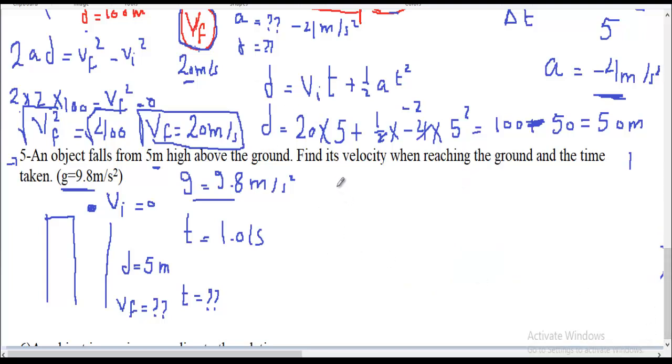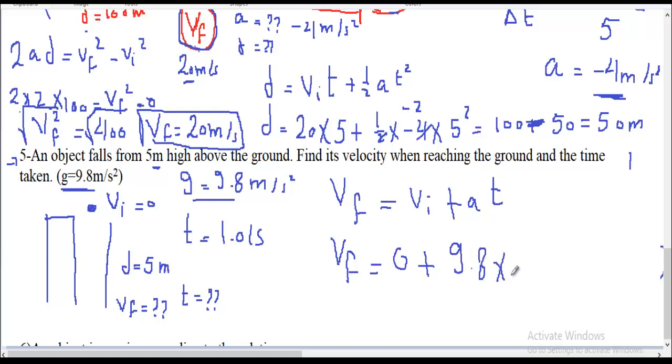You can get the final velocity by this equation, Vf equals Vi plus At, which is the first equation. Vf equals Vi, which is 0, plus acceleration, which is 9.8, times time, which is 1.01. So the final velocity would be 9.89 meters per second.